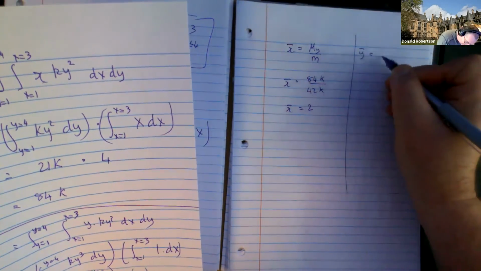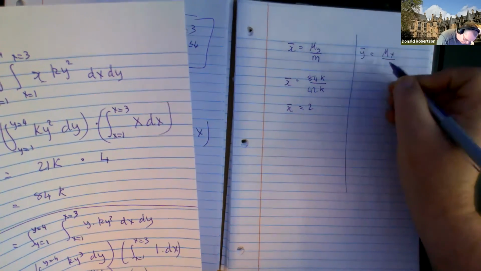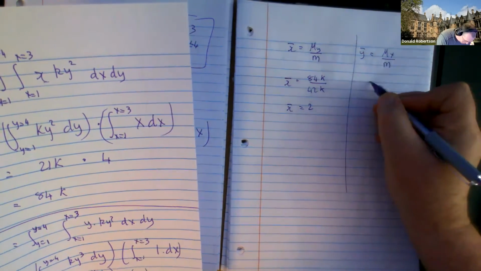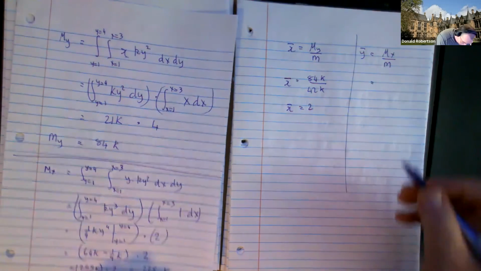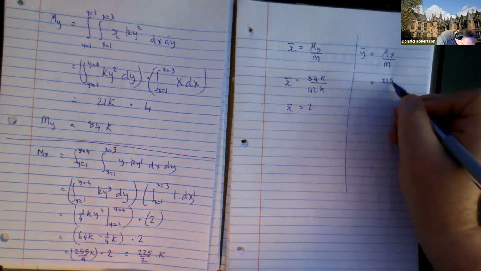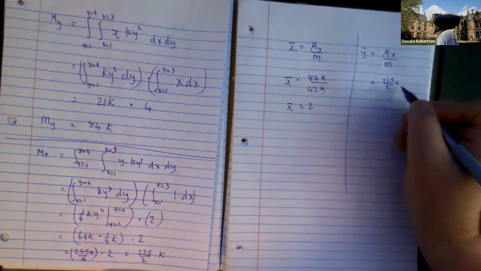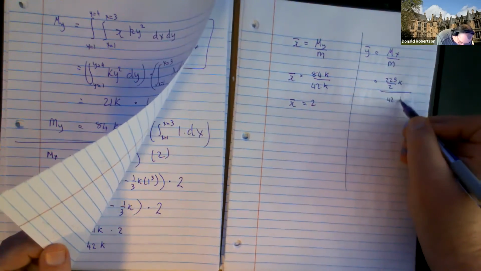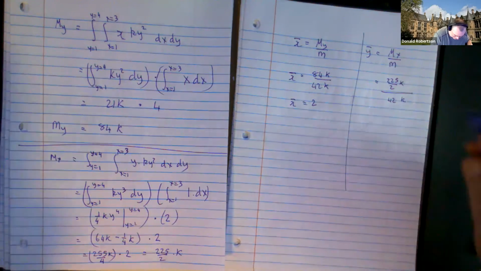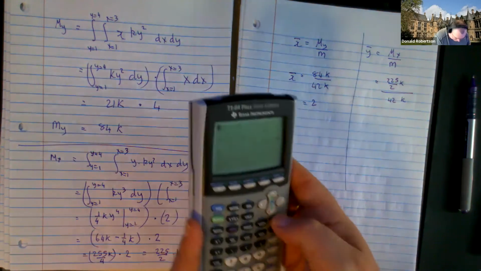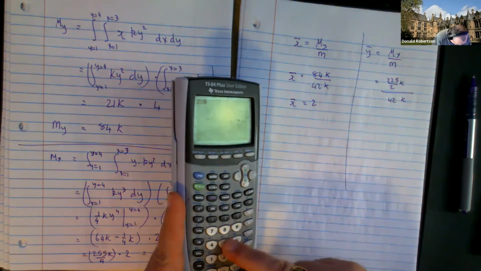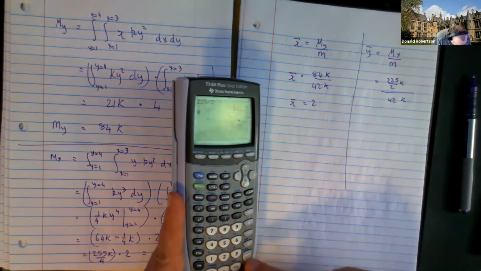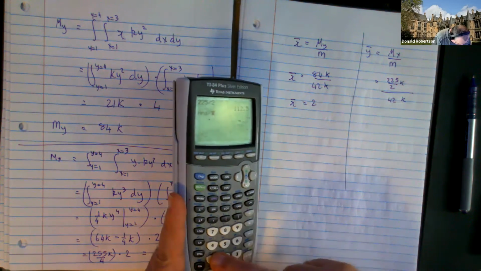And Y bar is the moment around X divided by the mass. And that's the one that I'm not so comfortable about, but anyway, 225/2 k divided by 42k. The k's cancel out. Let's see what that gets us. 225 halves, divided by 42.